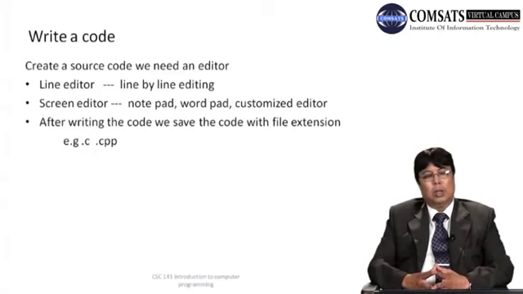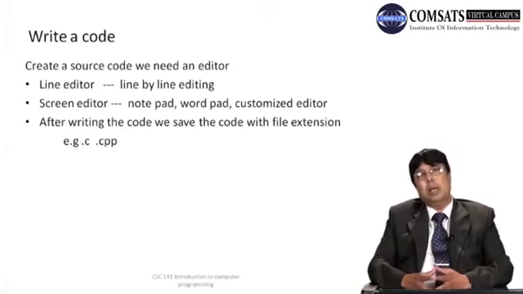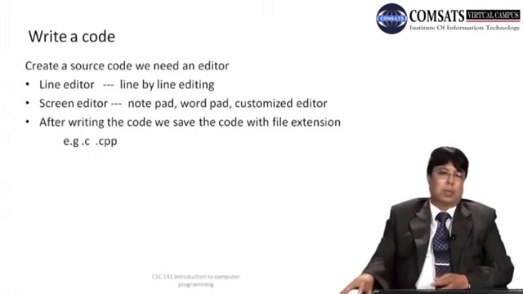For example, .c, as in myprogram.c, firstprogram.c, a.c, indicates that the file contains source code. Or a.cpp, first.cpp, myprog.cpp shows that the file contains C++ source code.